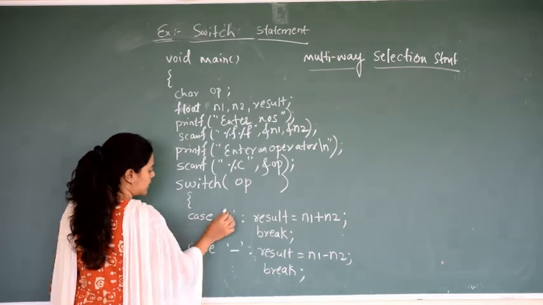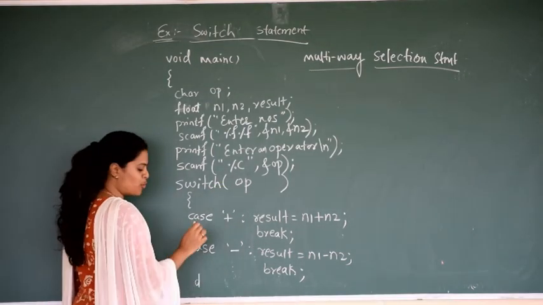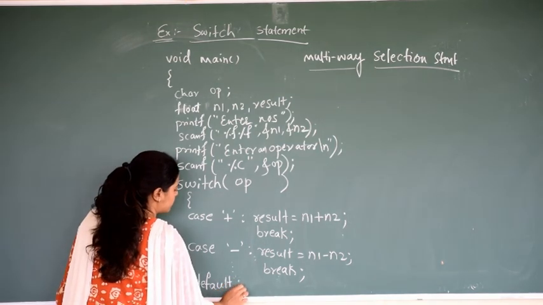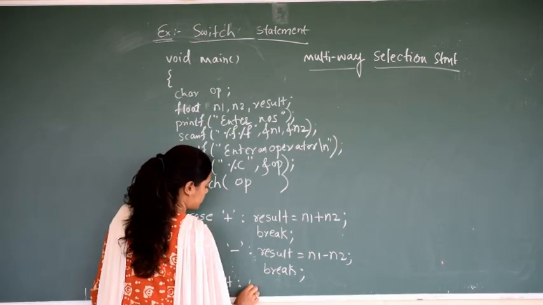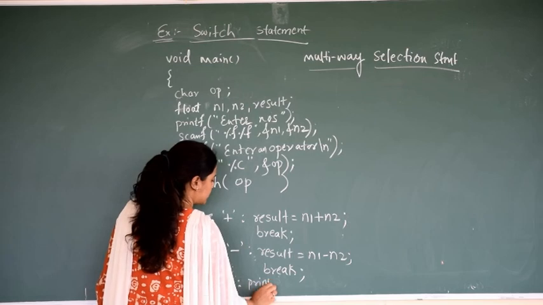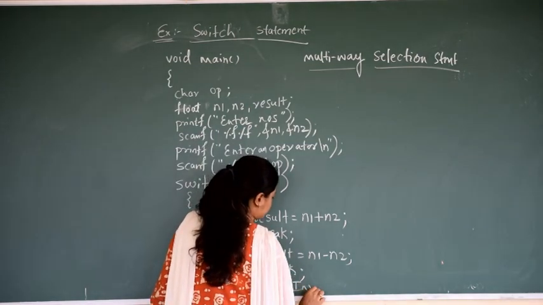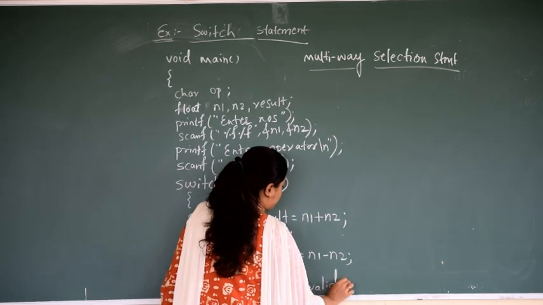And if none of these are matching with the operator, then it will go to the default part and print on the screen invalid operator.